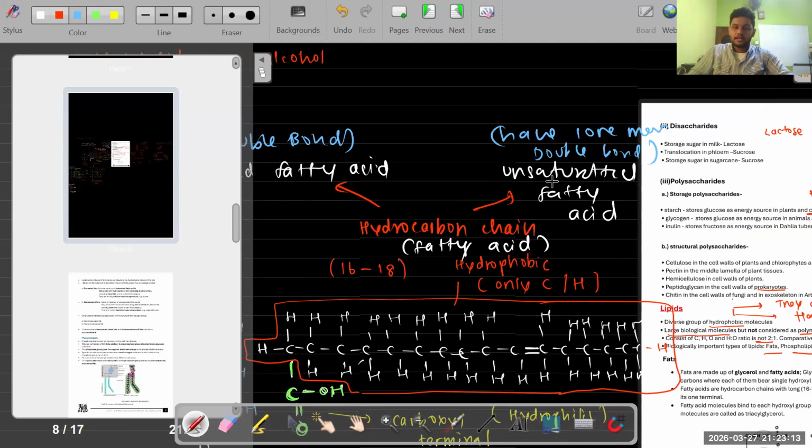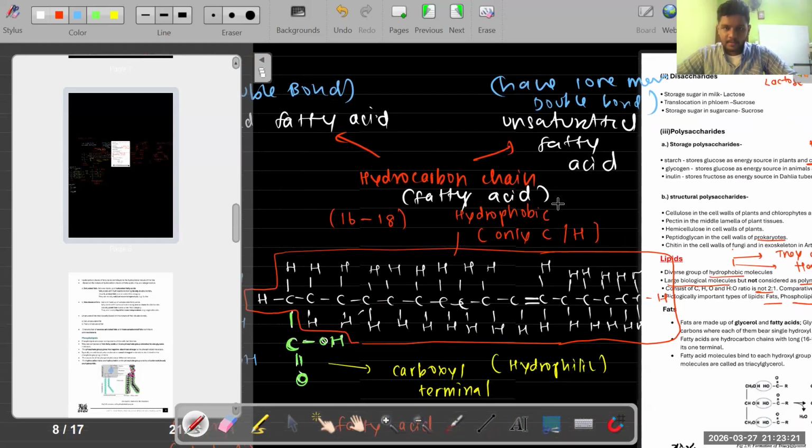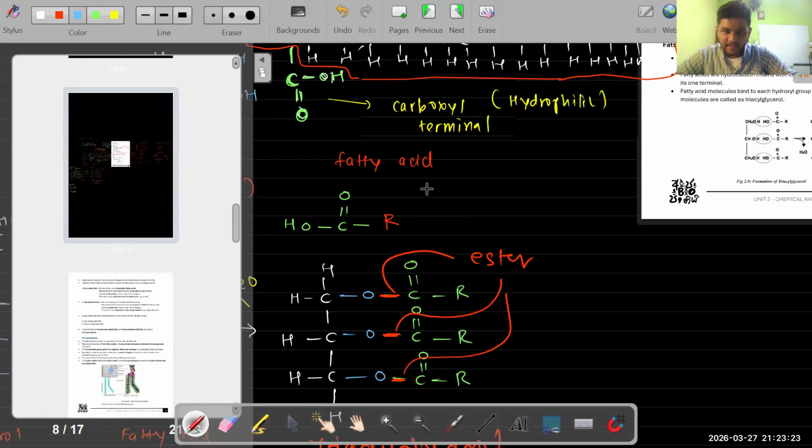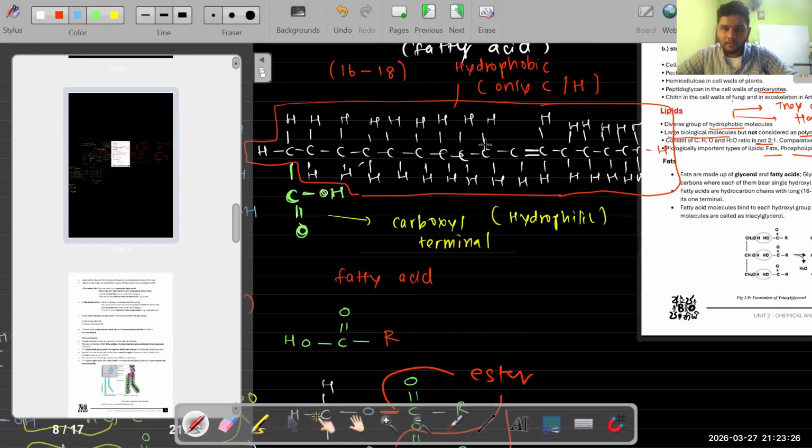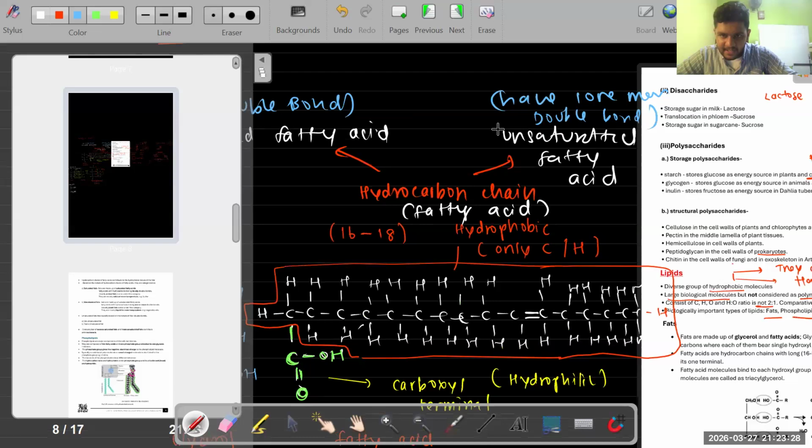Right. So will you agree with this point? Now I'm going to tell the next point. See here. The fats. Now this is a fat, right? The fats that are formed from unsaturated fatty acids are called unsaturated fats. Will you agree with that?